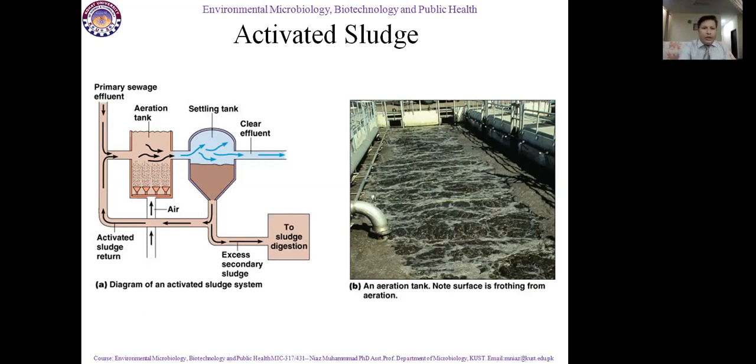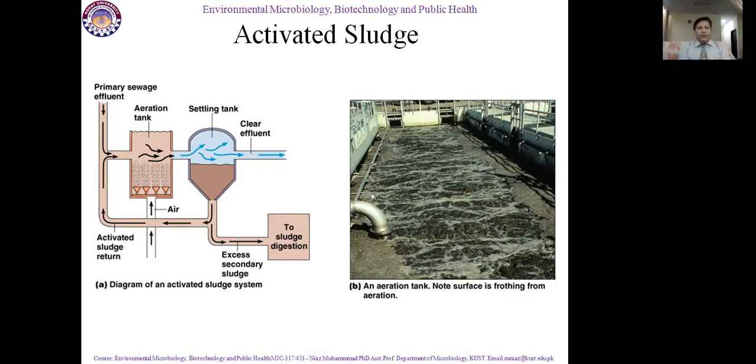Activated sludge. Okay, in this diagram, we want to say the primary effluent of sewage is going to this tank. And some sludge where microbial communities are fully trained and fully active to decompose the organic material, we are taking some portion from here to this digestion and aeration tank. Why?